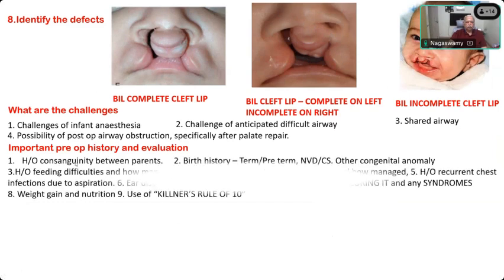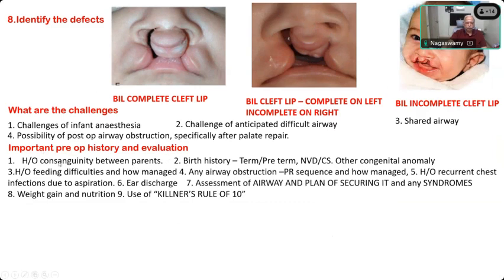Okay, so first is history of consanguinity between parents and birth history, whether it is a term baby or a preterm baby, and whether it's a normal vaginal delivery or a C-section, and other congenital anomalies, whether they were found out immediately after birth in the newborn time itself, and then history of feeding difficulty, how it was managed, and any airway obstruction, especially in Pierre Robin sequence cases, and how it was managed.